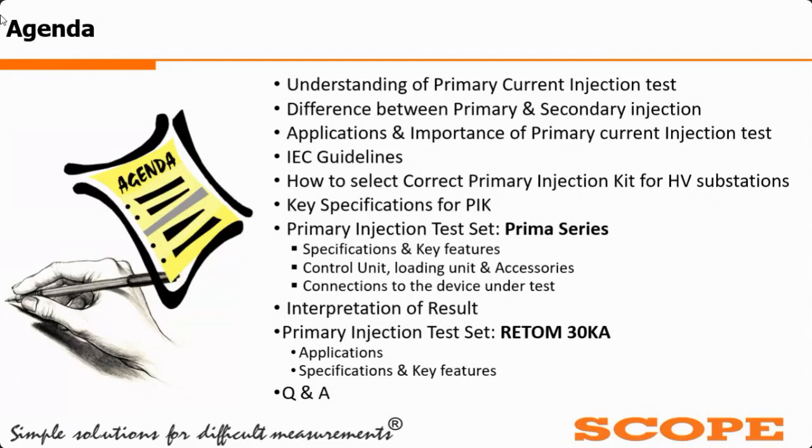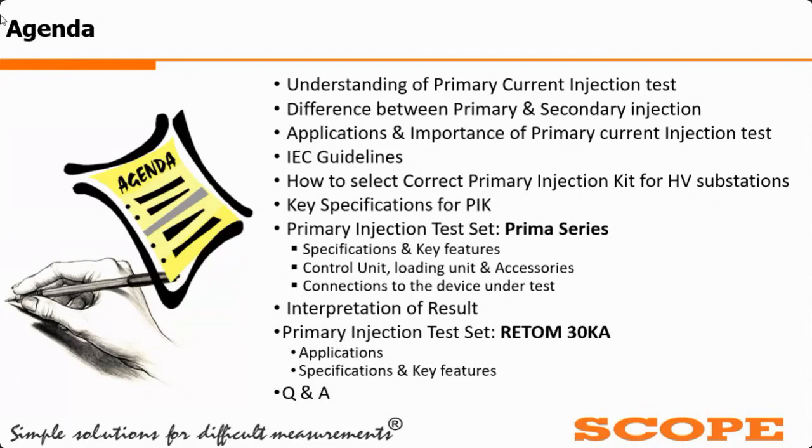After that, how to interpret the results after the testing. We can interpret the results by using some guidelines provided by manufacturers or some IEEE or IEC standards that we will see.